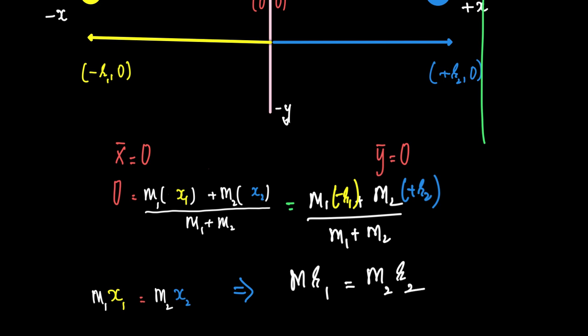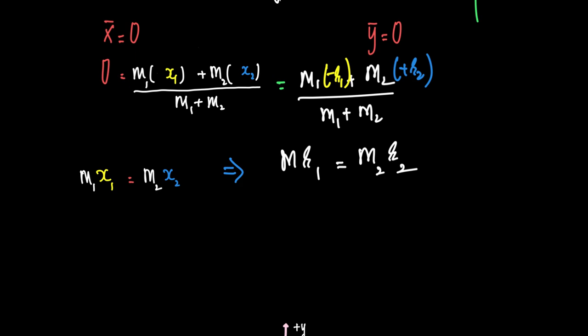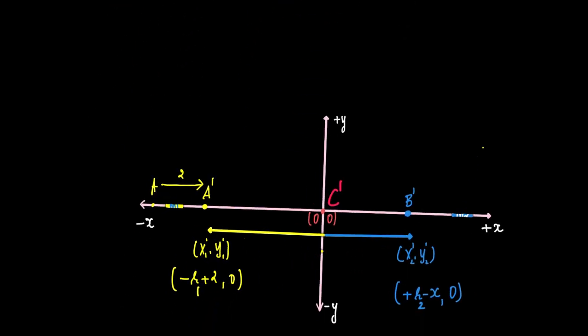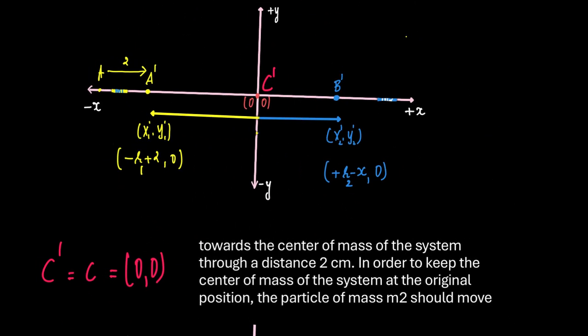All right. Now this is not what the question is all about. The question is asking us to find out the distance moved by B when A is moved by a distance of 2 centimeters. So when mass m1 is moved by a distance of 2 centimeters, the position of mass m1 changes from A to A dash. And we have to find the change in position of B, say from B to B dash.